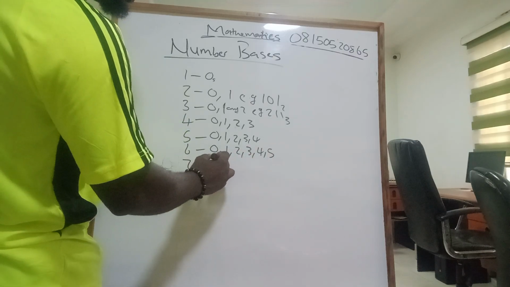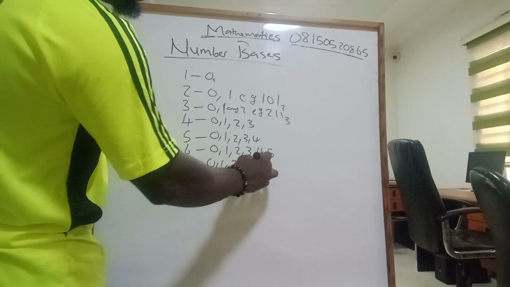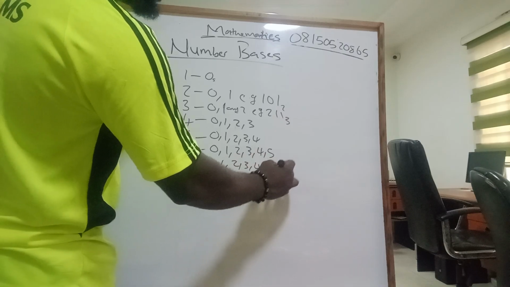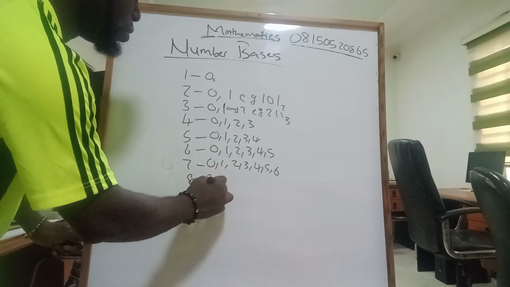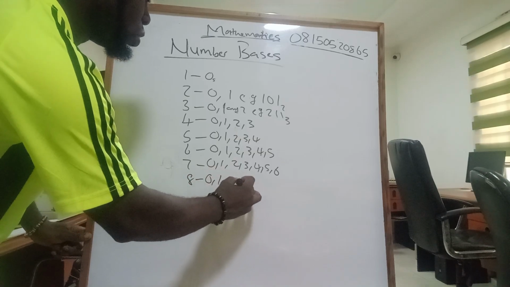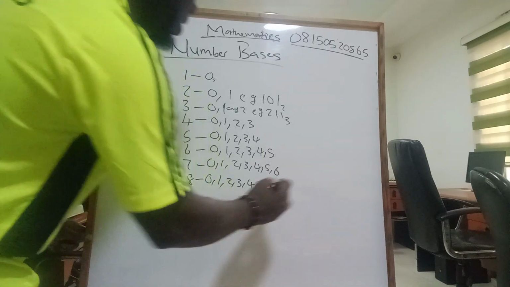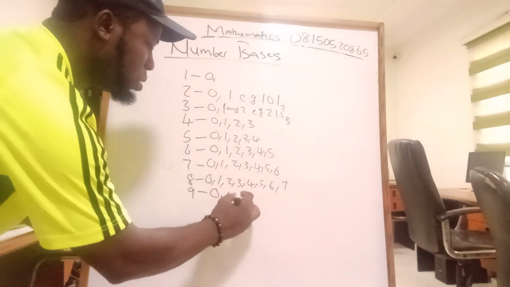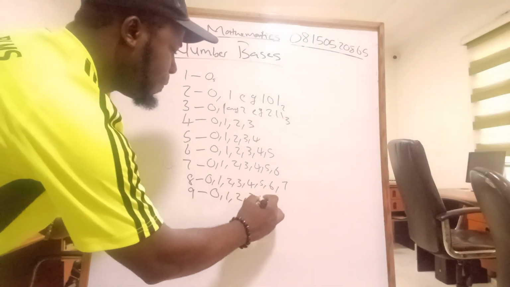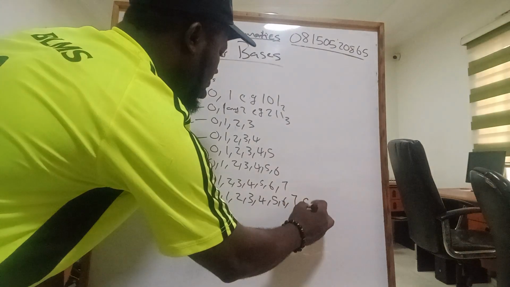Base 7 is 0, 1, 2, 3, 4, 5, 6. Base 8 is 0, 1, 2, 3, 4, 5, 6, 7. Base 9 will give you 0, 1, 2, 3, 4, 5, 6, 7, 8.